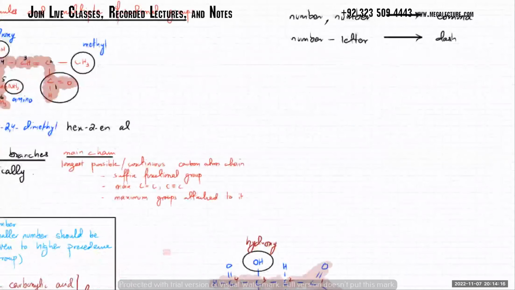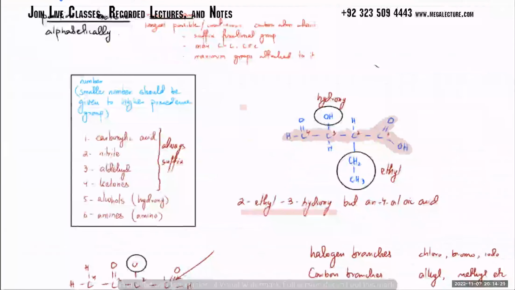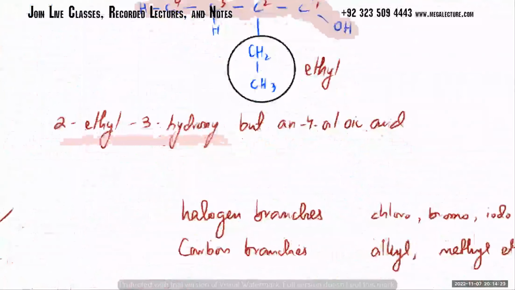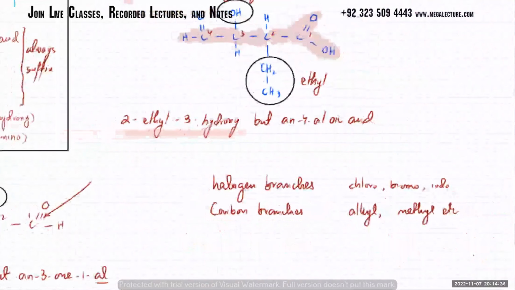Okay? So यहाँ पे ना, I'm actually using this. कहाँ गया? ये था ना? Like if you look at this, the 2 and the ethyl, they've got a dash in between. Okay? A number and a letter together, there's got to be a dash in between.